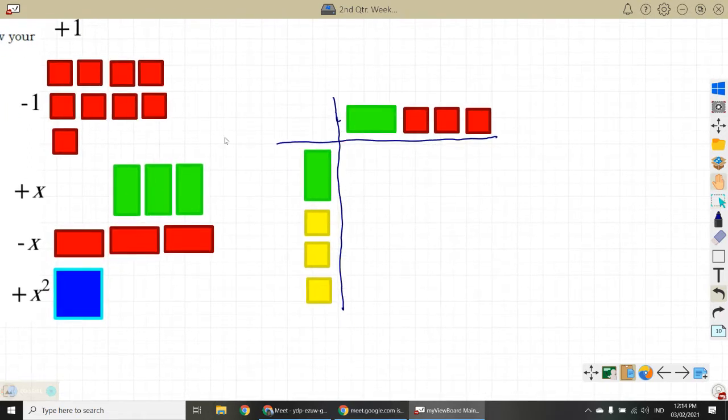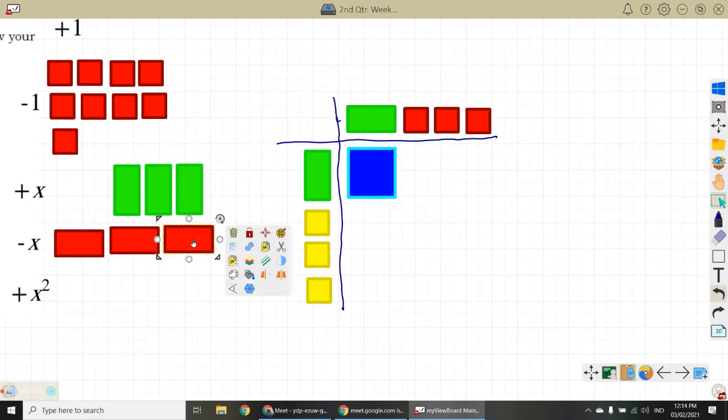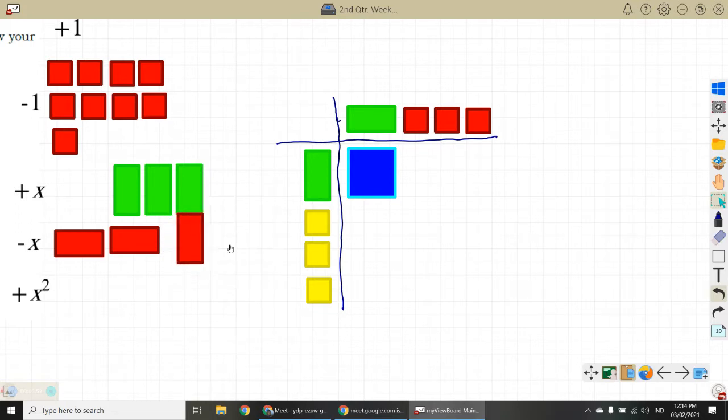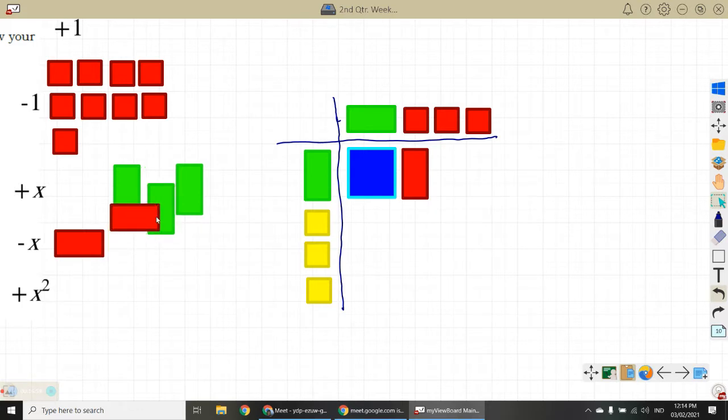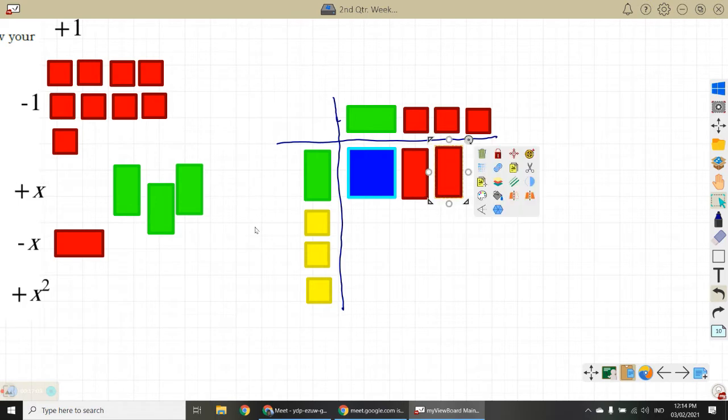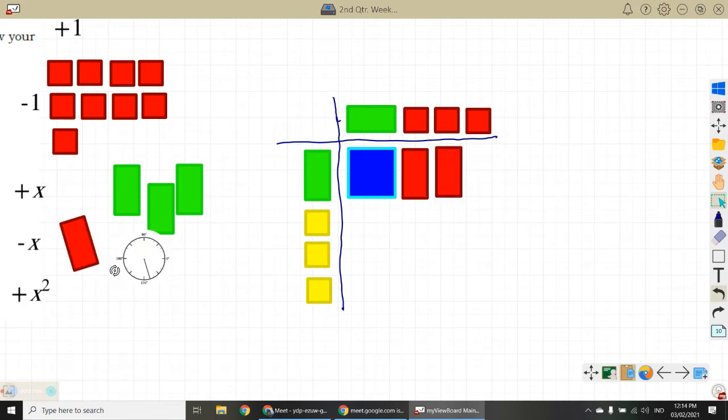X times x is represented by x squared. Then 1 times negative x. Okay? Let's continue. And also this one.